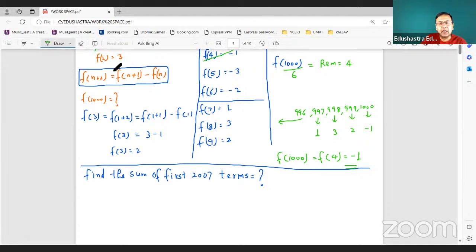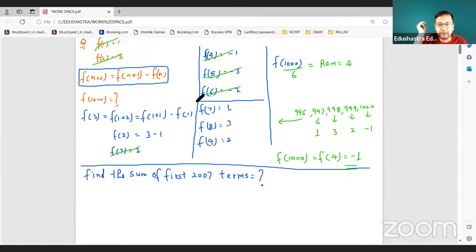F2 is 3, F5 is minus 3, so this value will cancel this value. And F3 is 2 and F6 is minus 2, so this value will cancel this value. Right? So if I make a group of 6 terms, this group of 6 terms will give me a summation, the addition, equal to 0.